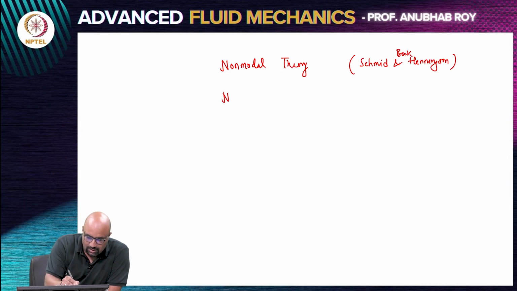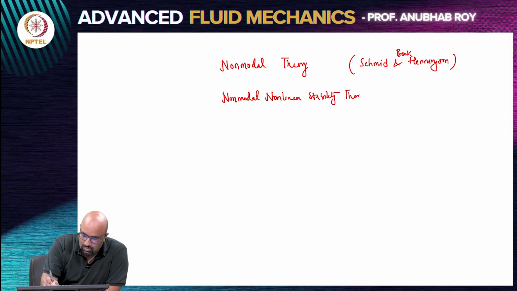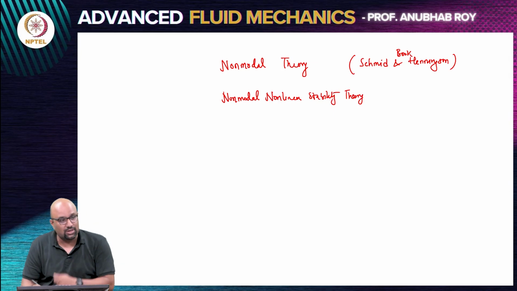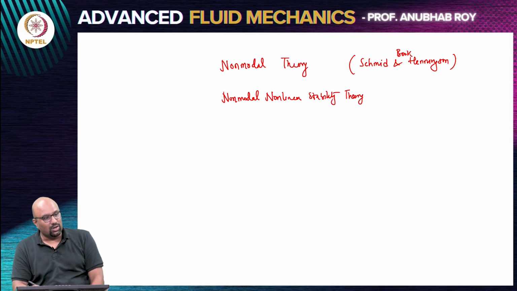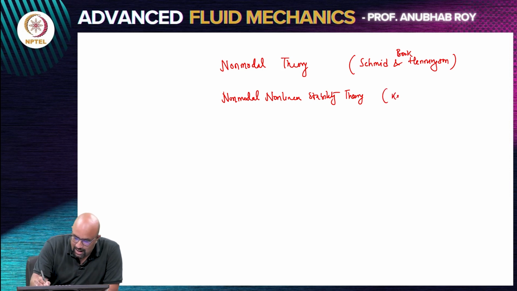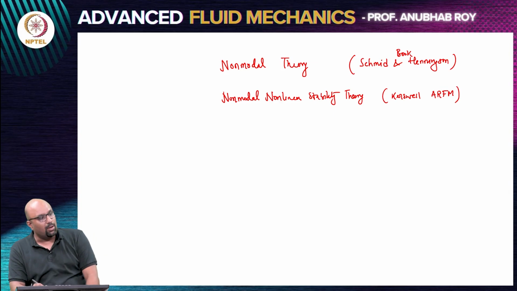And there is also something more contemporary, non-linear stability theory, which tries to really get into the heart of the question of what is the transition from a laminar to a turbulent state for any of these kinds of flows. There is an annual review article by Rich Kerswell, which gives you a nice summary of probably the state of the art of how we have been looking at these problems.